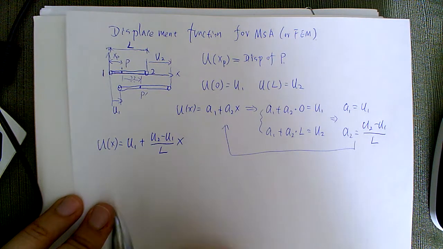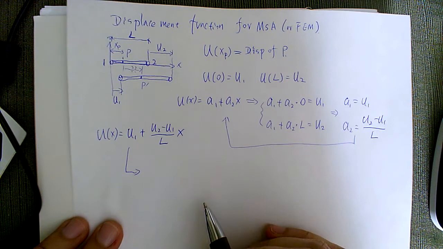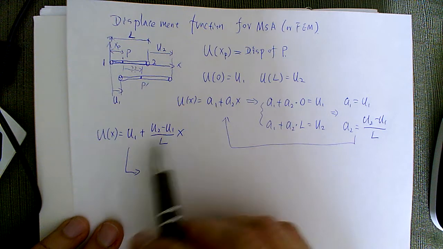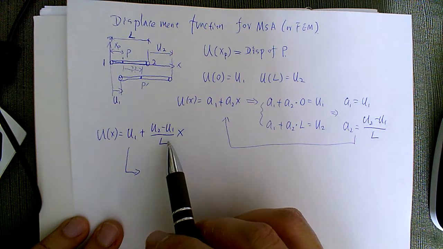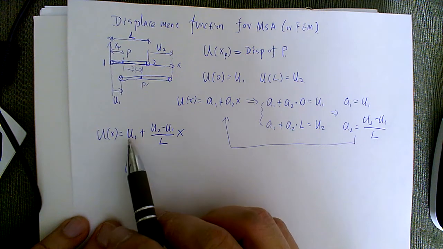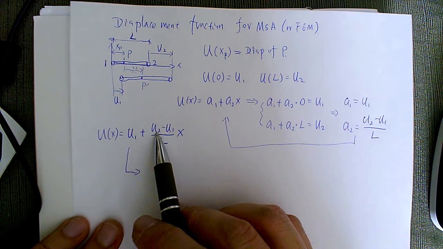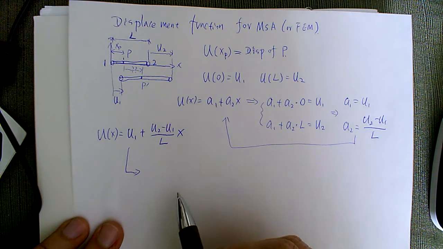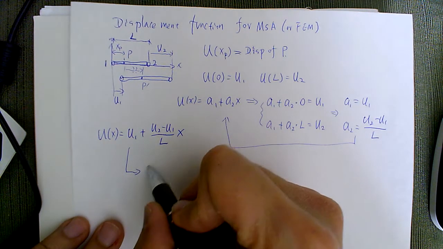So let's rewrite this. I'm not doing new math, but I want to rearrange this equation so that I have all the terms associated with u1 together and all the terms associated with u2 together. You're like, okay, that seems pretty trivial, but I'll do it.